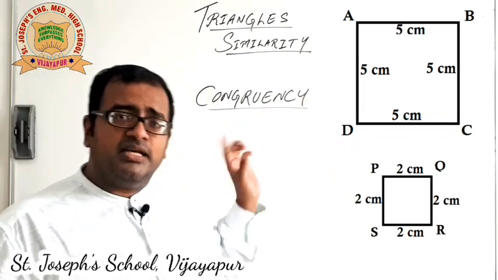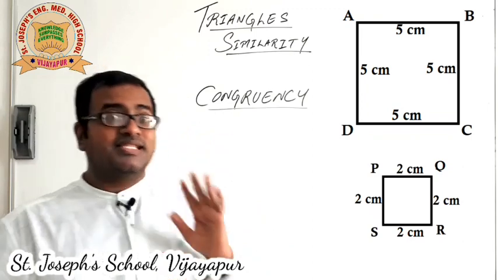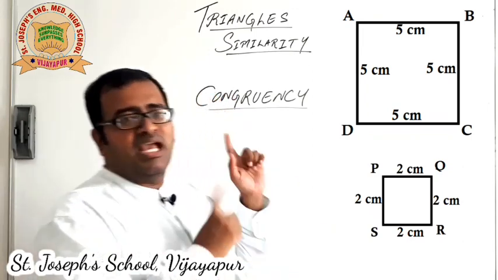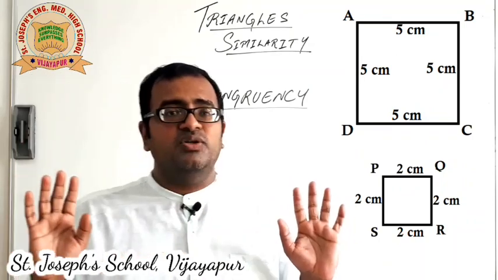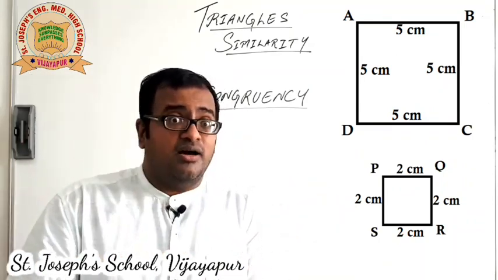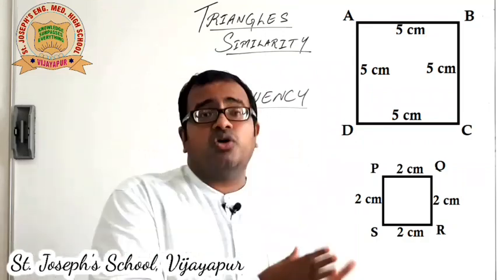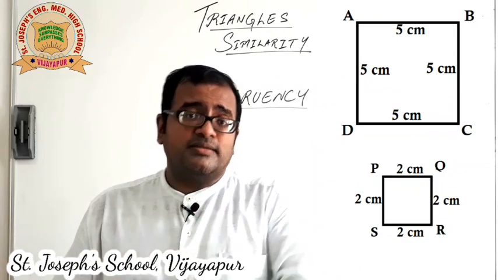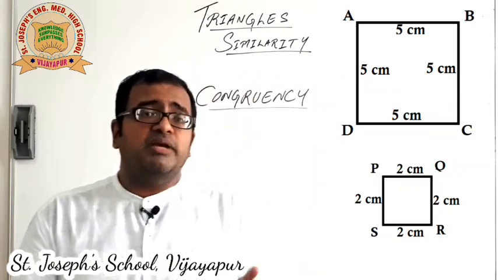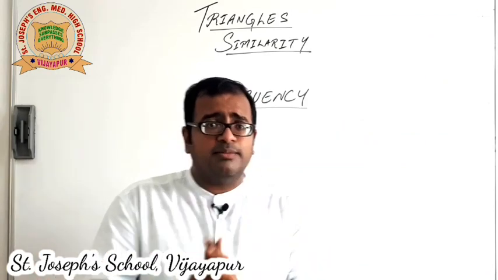In ABCD 90 degrees, PQRS also 90 degrees, but the sides are not the same. AB is 5, PQ is 2, so they are not equal to each other. They are similar, but they are not congruent. So what can you say? Congruent squares are all similar, but similar squares may or may not be congruent. That's about squares.